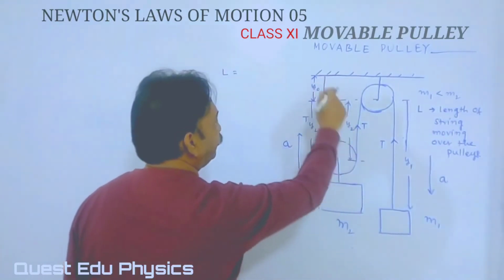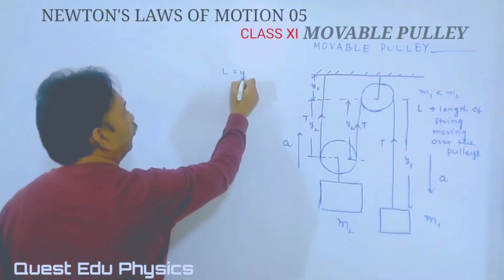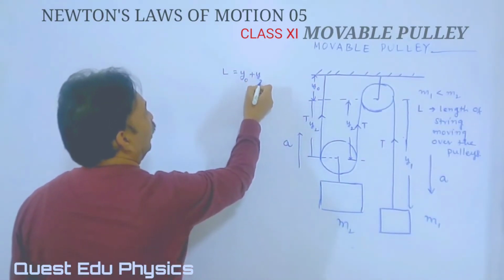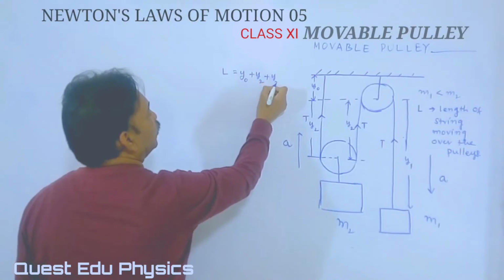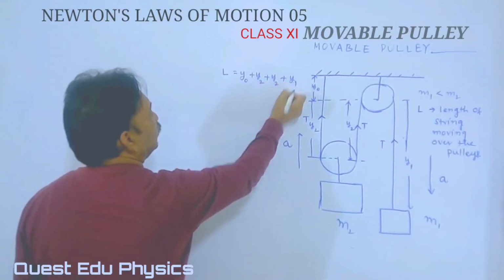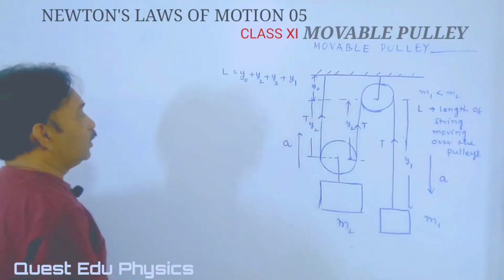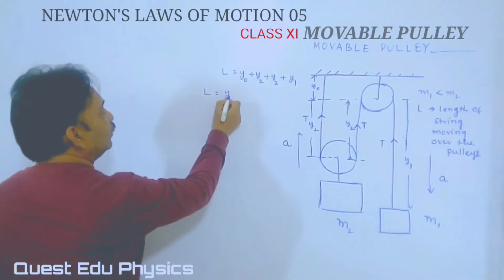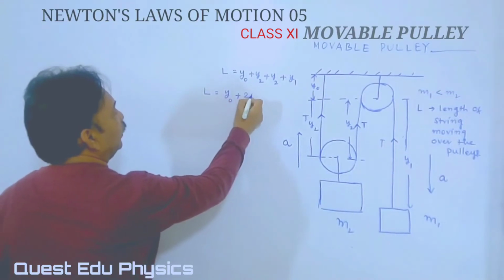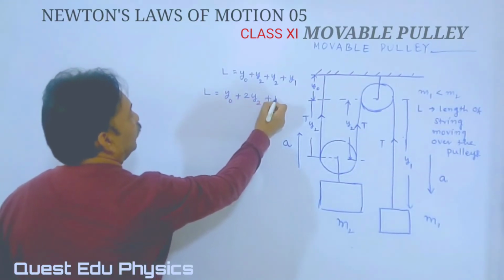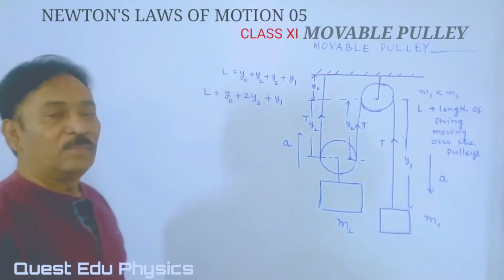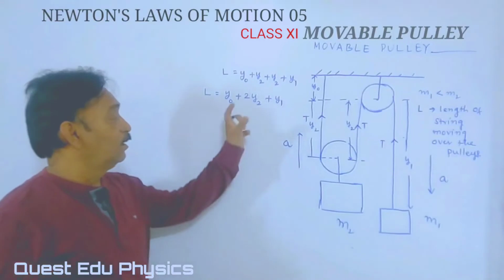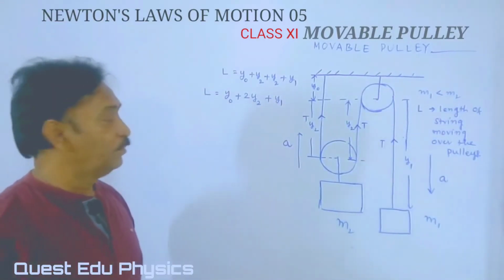It is a fixed one. y0 plus y2 plus y2 plus y1. Okay, students, and it can be written as L is equal to y0 plus 2y2 plus y1. This is the total length of the string, students.